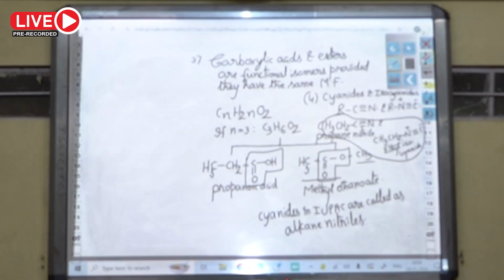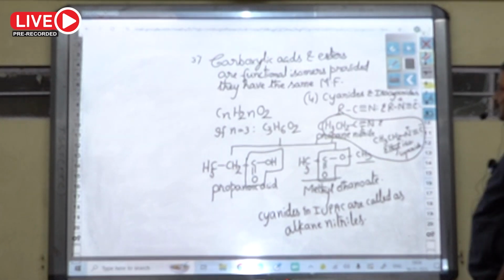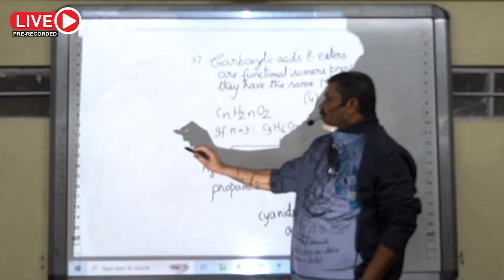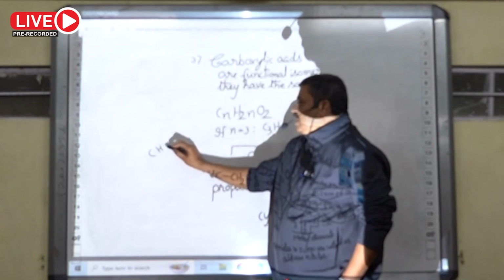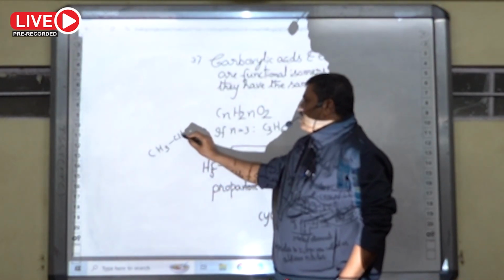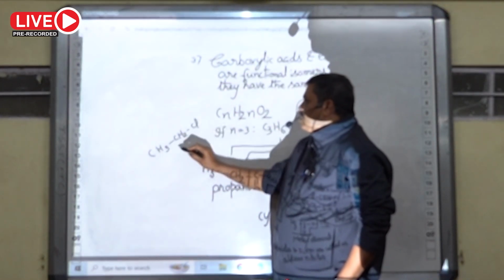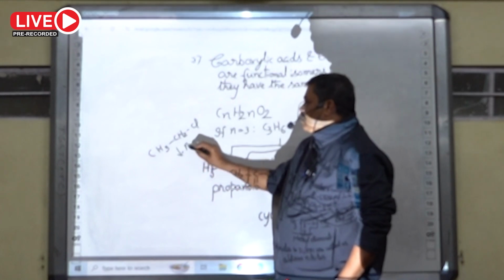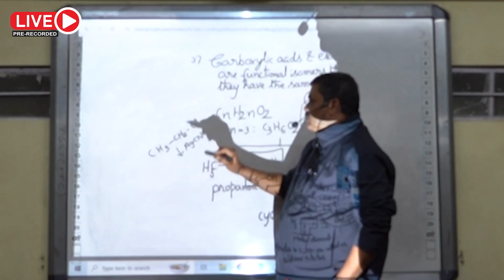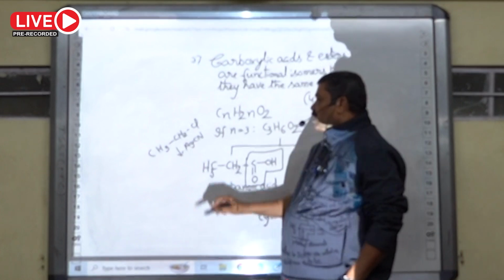So Swanky asked the same doubt yesterday. He brought a question in which ethyl chloride is treated with AgCN. Compound X is formed.